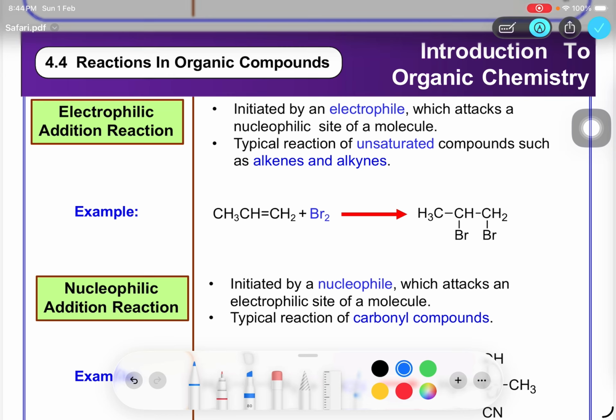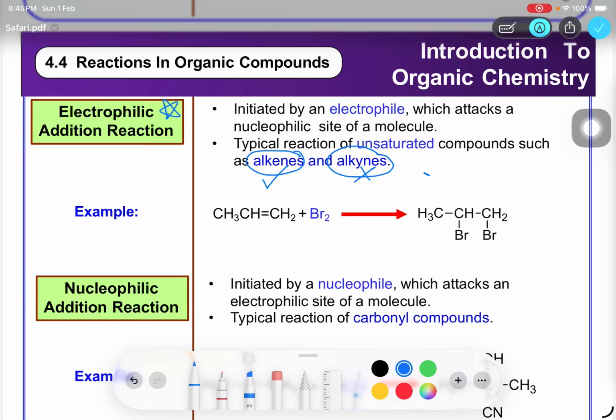Okay, let's look at addition. So in general, we have two types of addition. The first one is called electrophilic addition, and normally it will involve alkenes and alkynes. But in our syllabus, we don't have this subtopic, but we have the subtopic of alkene.